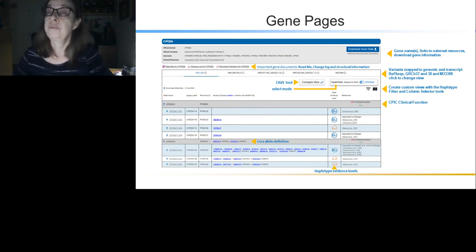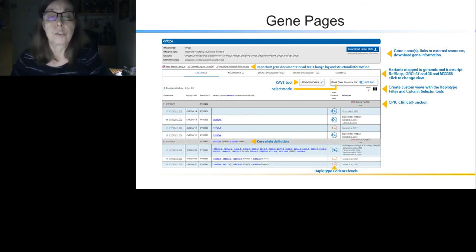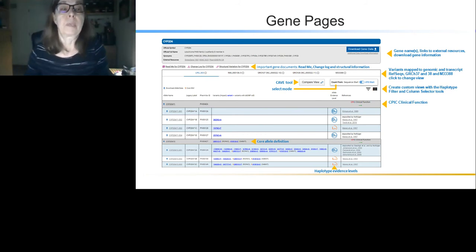So this really gives you a feel for how much evidence there is to support a given haplotype. And this is not to be confused with evidence for function, but really a quality information to tell you whether a haplotype indeed exists or may not exist in the form we are posting it here.